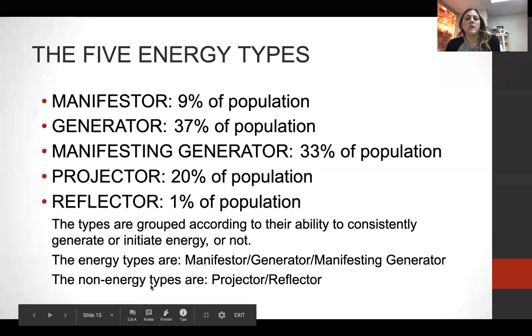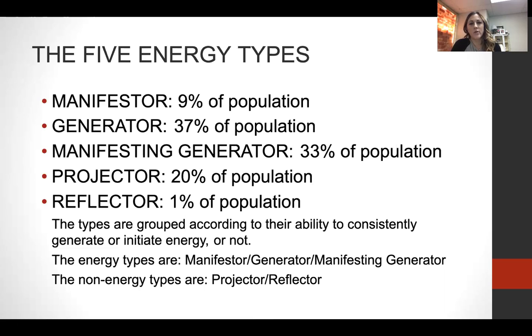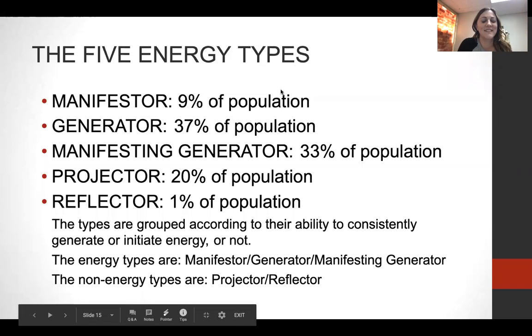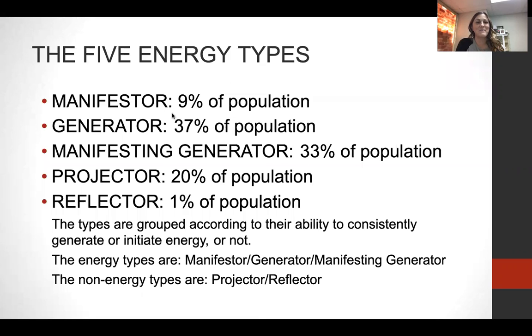So the manifestor makes up about 9% of the population. What makes up a manifestor is they have no sacral. And then the generator and the manifesting generator have defined sacrals.